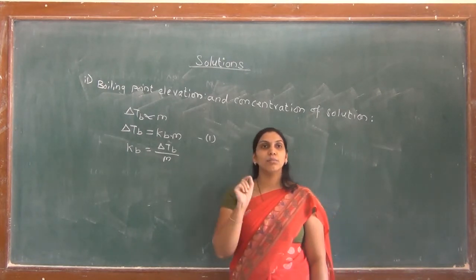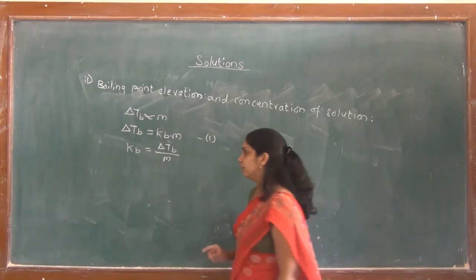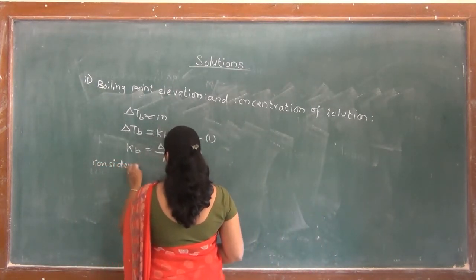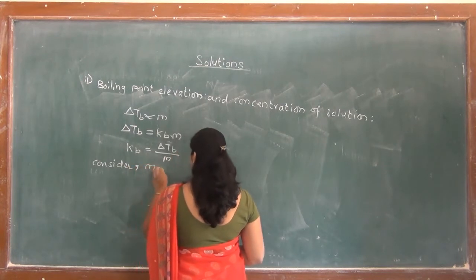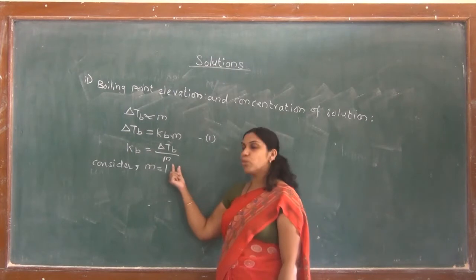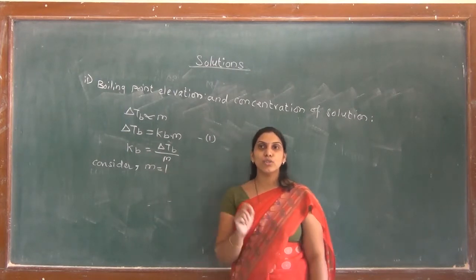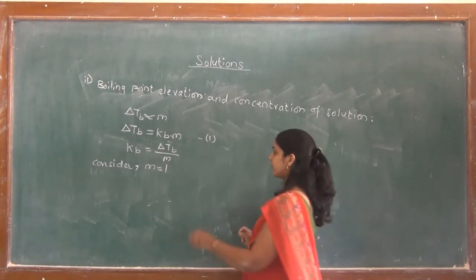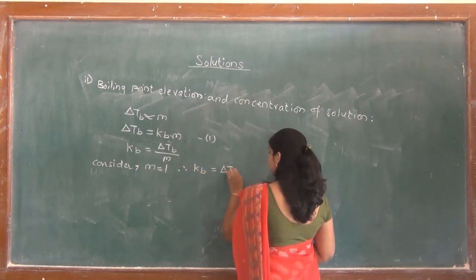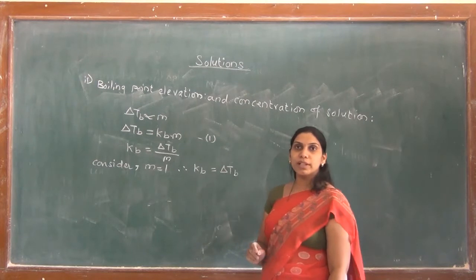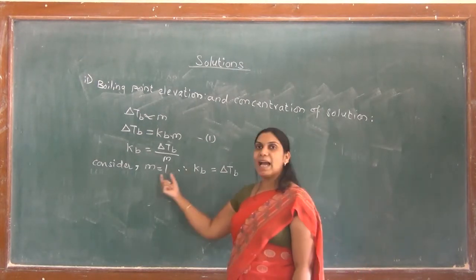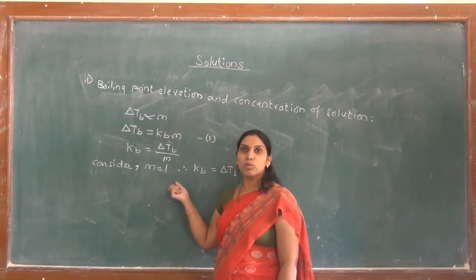Consider that the molality of the solution is 1. If you consider the solution is 1 molal, what you get is the equation Kb is equal to delta Tb at molality equal to 1.